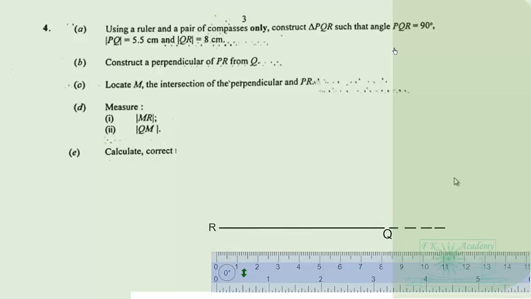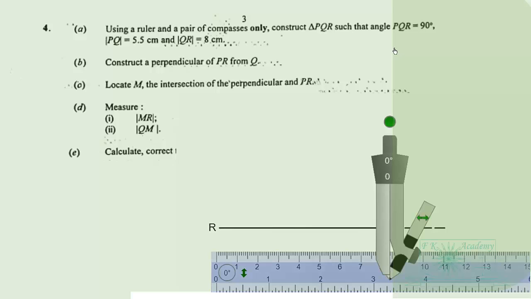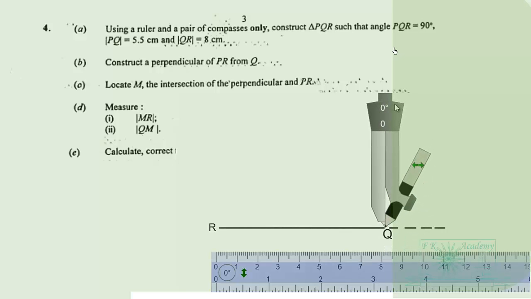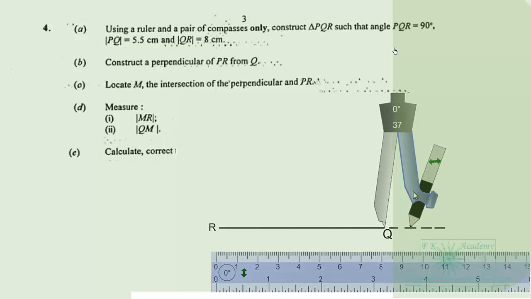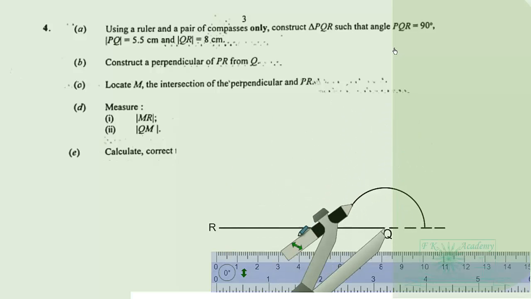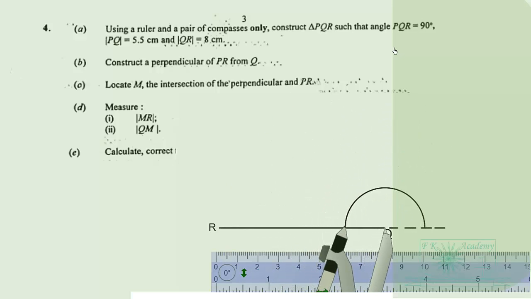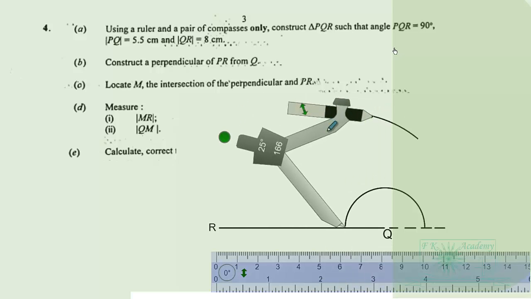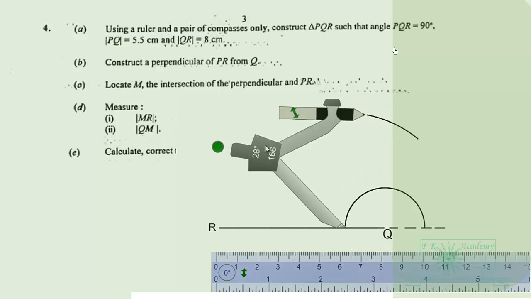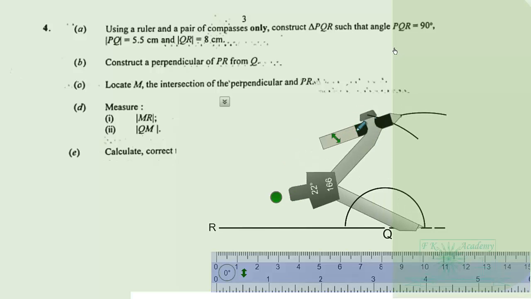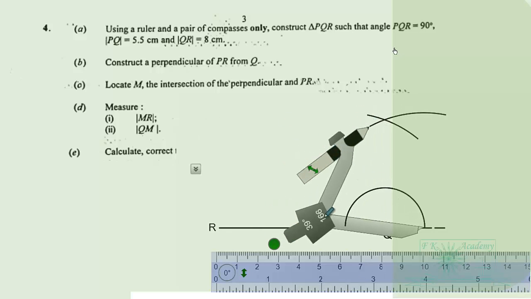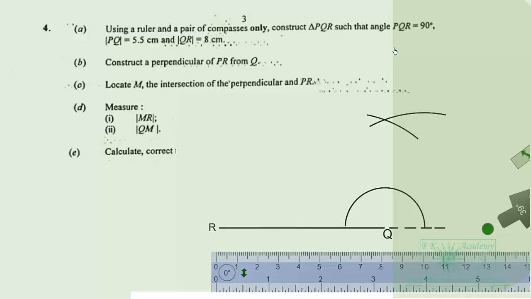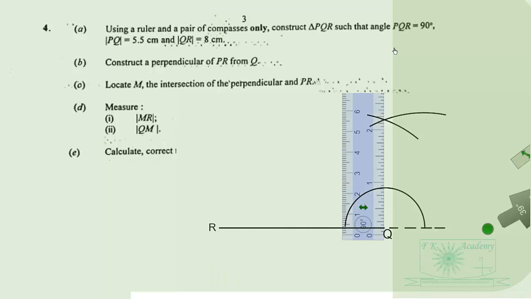So we now stand at Q, then draw a semicircle. Stand at each point here, then draw an arc to intersect above the semicircle. With a ruler, you draw a straight line.